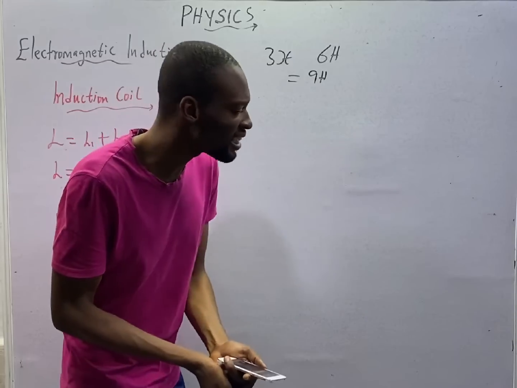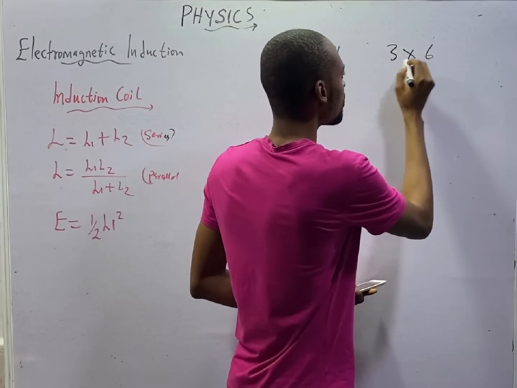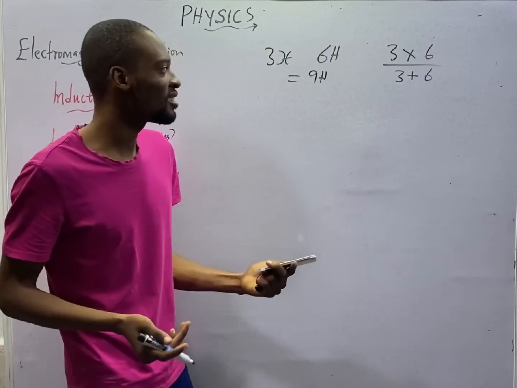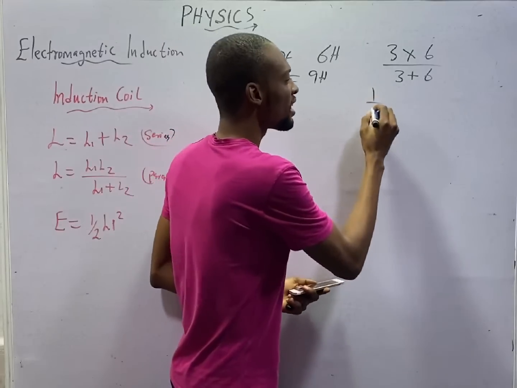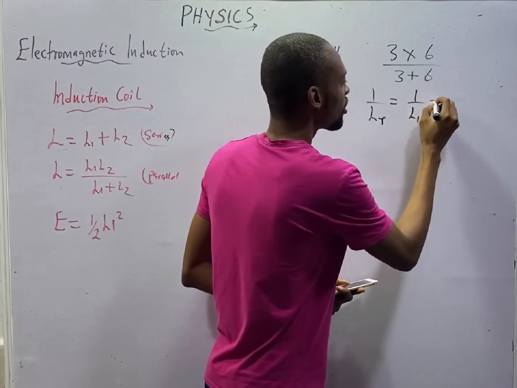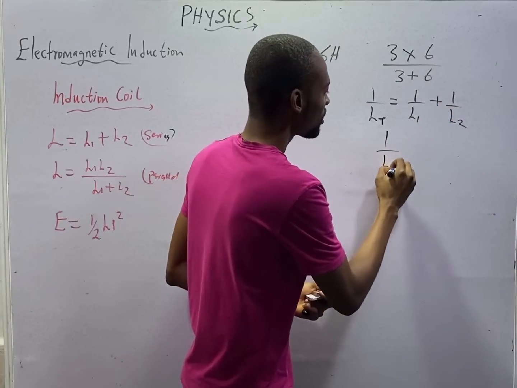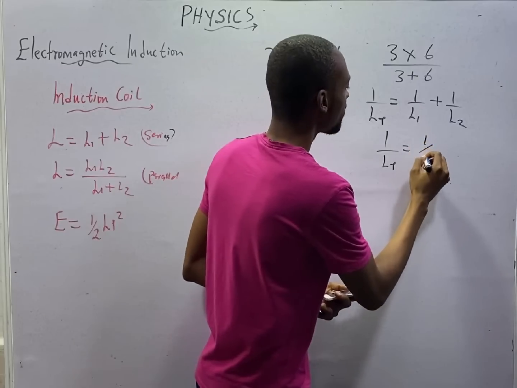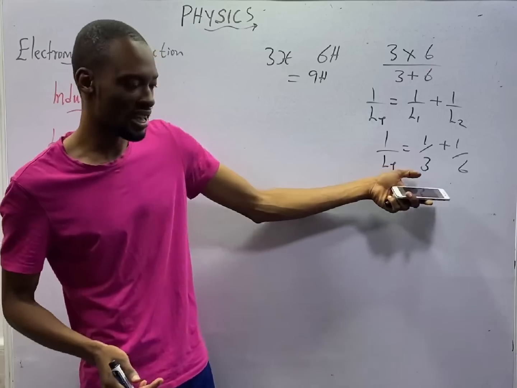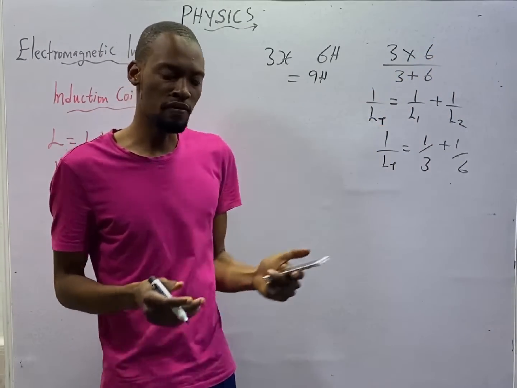If they were in parallel, the total inductance would be 3 times 6 over 3 plus 6. Don't forget that this is the same thing as 1 over total inductance equals 1 over L1 plus 1 over L2. So 1 over L total is 1 over 3 plus 1 over 6. But once you simplify this, you are going to get product over sum.